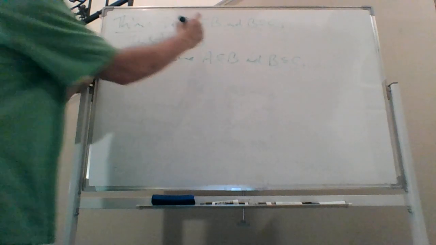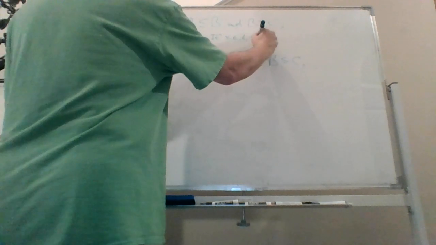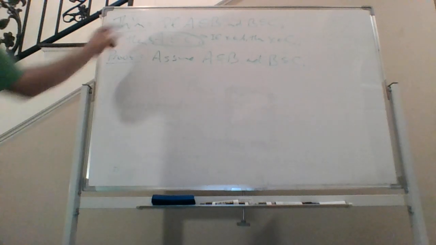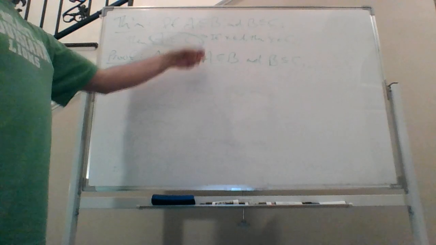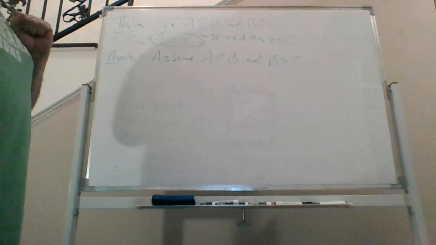So this is a little scratch work here. This means if X is in A, then X is in C. That was the definition of subset. So if I can prove this, I have A as a subset of C.